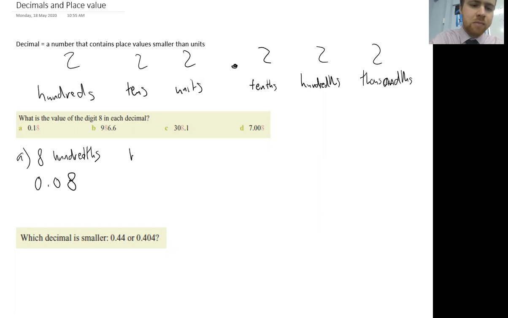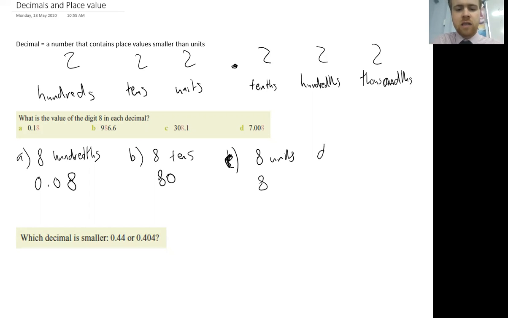For part B, this one's a bit easier. It's going to be 8 tens, or just 80. The 8 is in front of the decimal point, in the tens column. For this one, it's just 8 units, or just 8. So that's C.